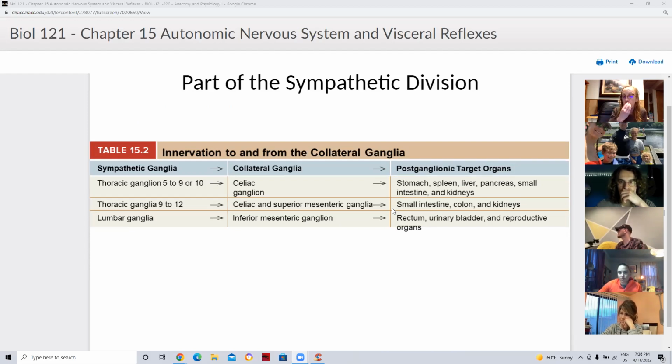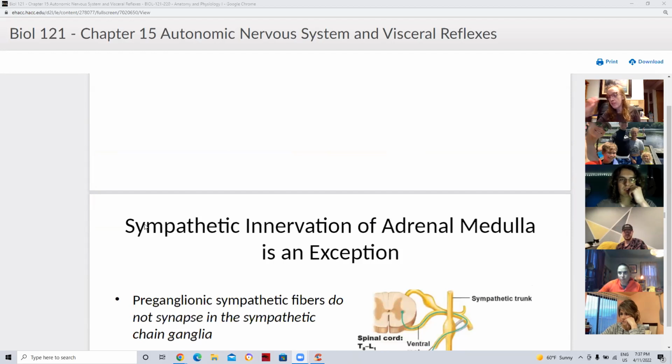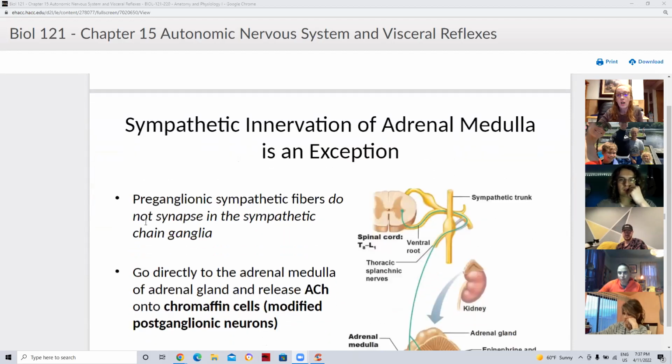Any questions? This right here is just saying where they originate from along the spinal cord. Let me finish with the sympathetic nervous system, and then we'll take a short break here.